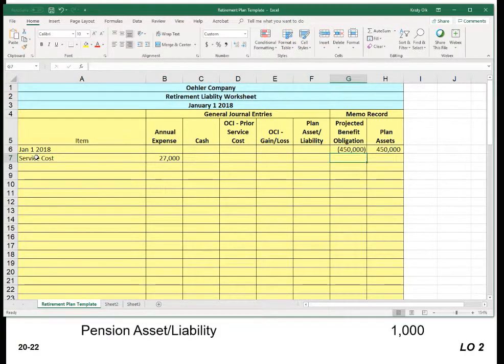We carry that over to our projected benefit obligation. The settlement rate for 2018 is 7%.